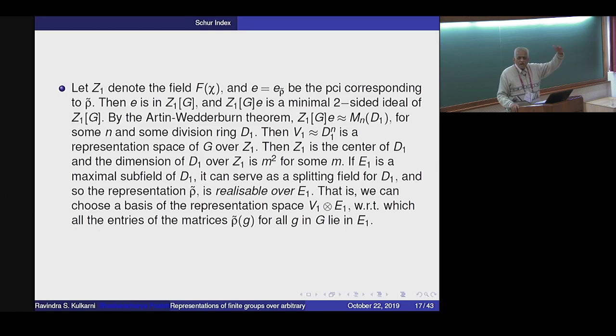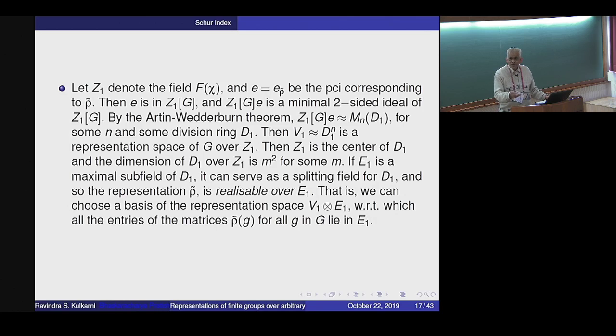F bar may be of infinite dimension over F, but we got a finite dimensional field E1, and the entries of matrices of rho tilde may be chosen to be in E1. That is, we can choose a basis of the representation space V1 tensor E1 with respect to which all entries of the matrices rho tilde(g) for all g lie in E1.